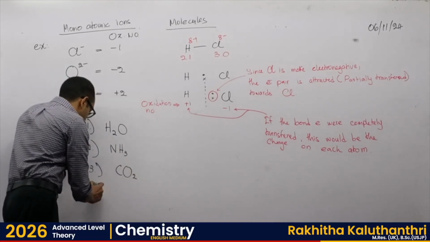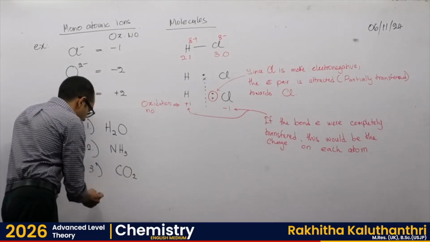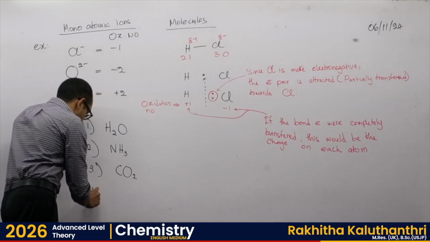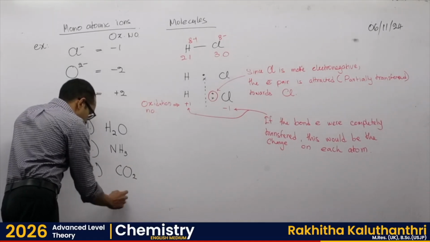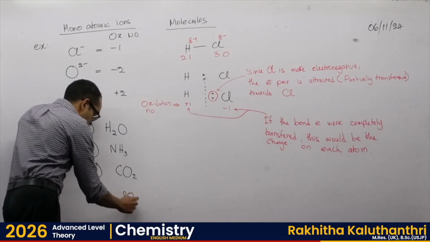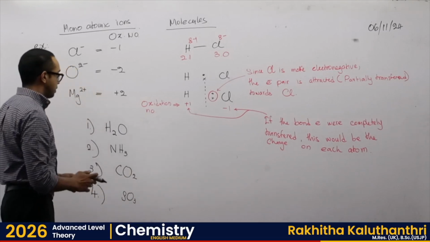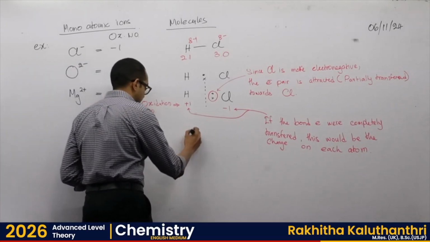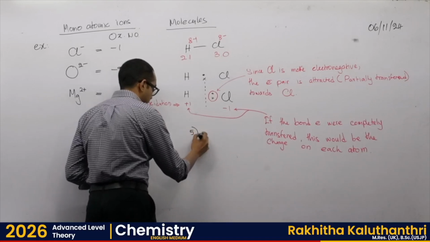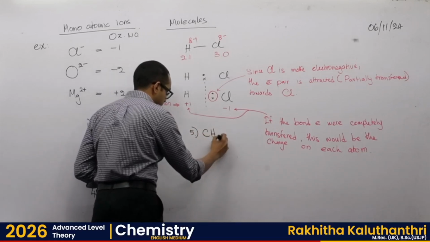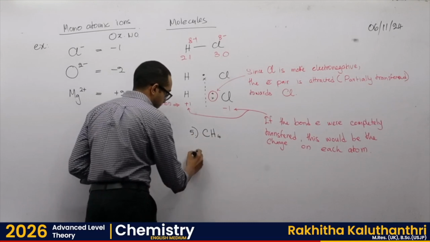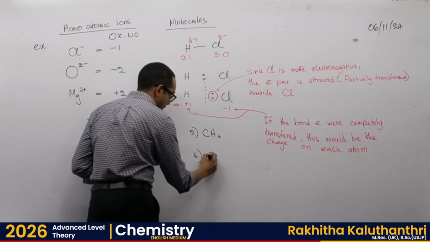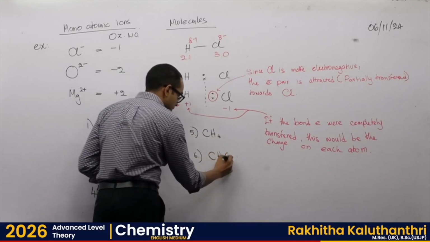Apart from that, we have something like, let's say, sulfur trioxide, SO3, and I would like for you to do this as well. 5, CH4, 6, CHCl3.